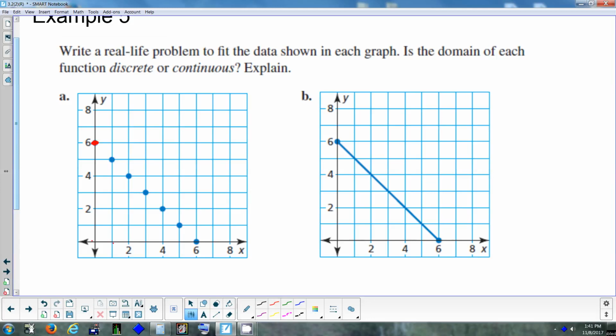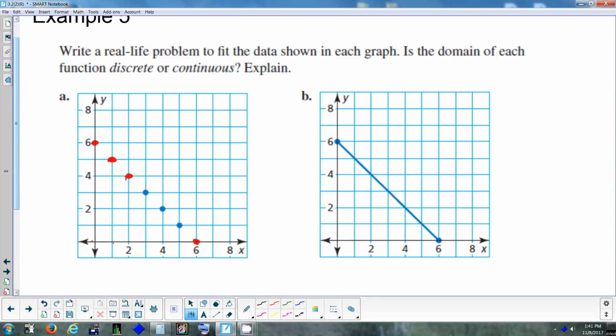I would have 5. What if I gave 2 bills away? If I had 6 and I give 2 away, I have 4. What if I give all 6 bills away? 0. Now, could I give away 2.5 bills?